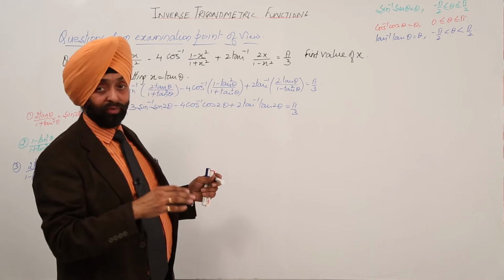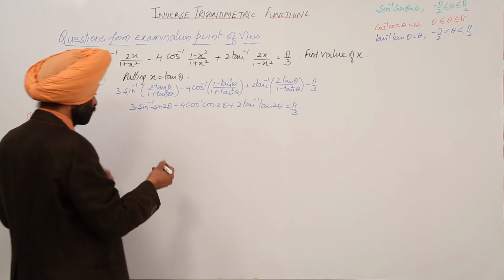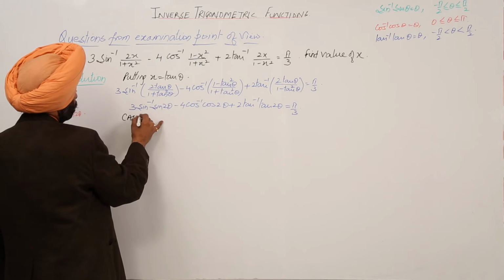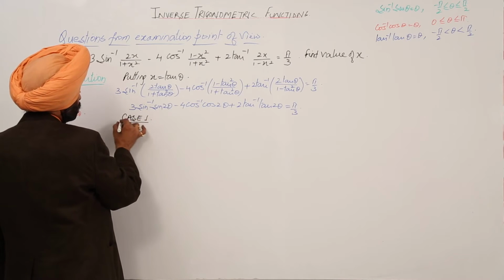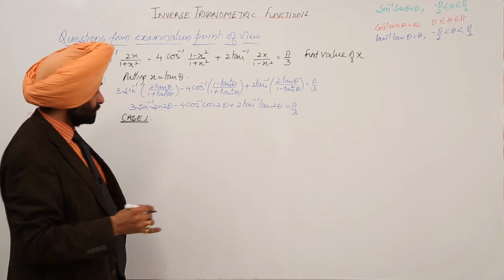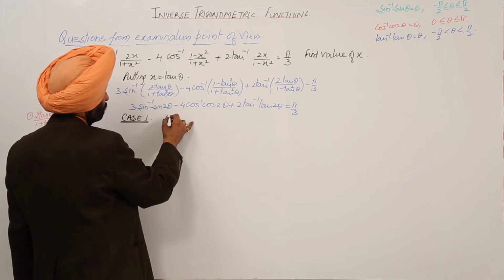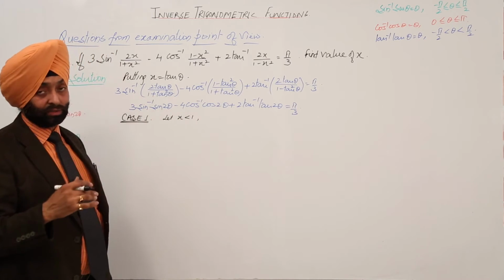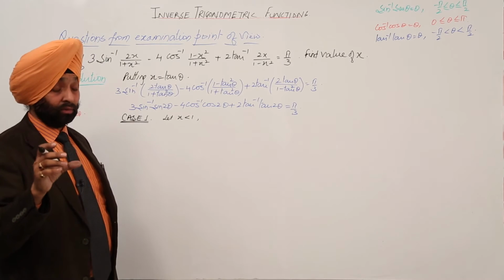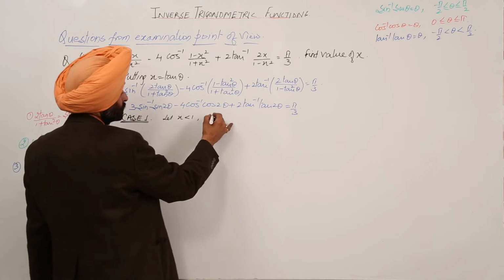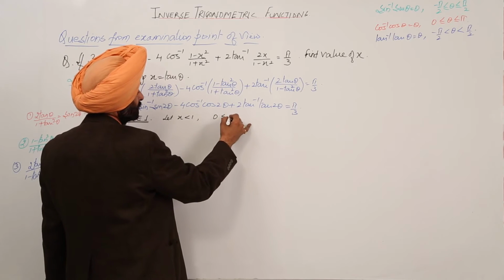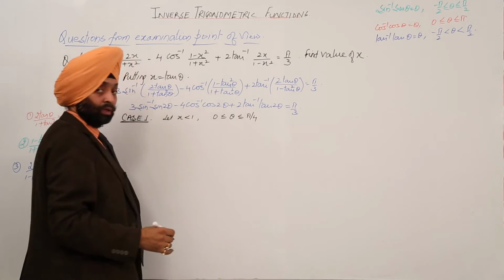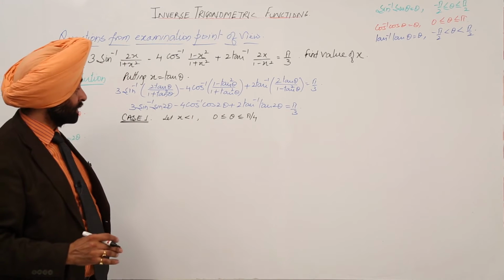Now for this part we will have 3 cases. Okay, now case 1. For case 1, let x be less than 1. Now let's check where the angle should fall. So we can write 0 is less than or equal to theta is less than or equal to pi by 4. Why pi by 4, why theta?